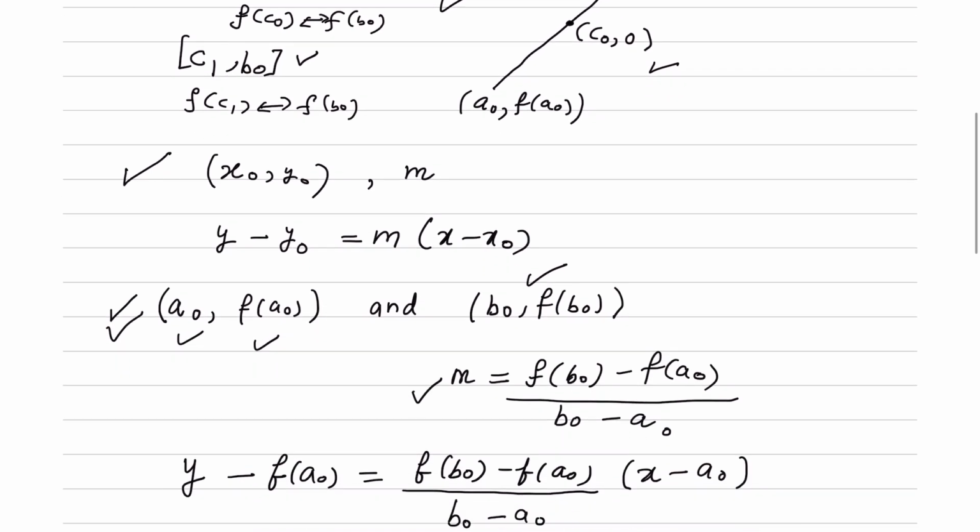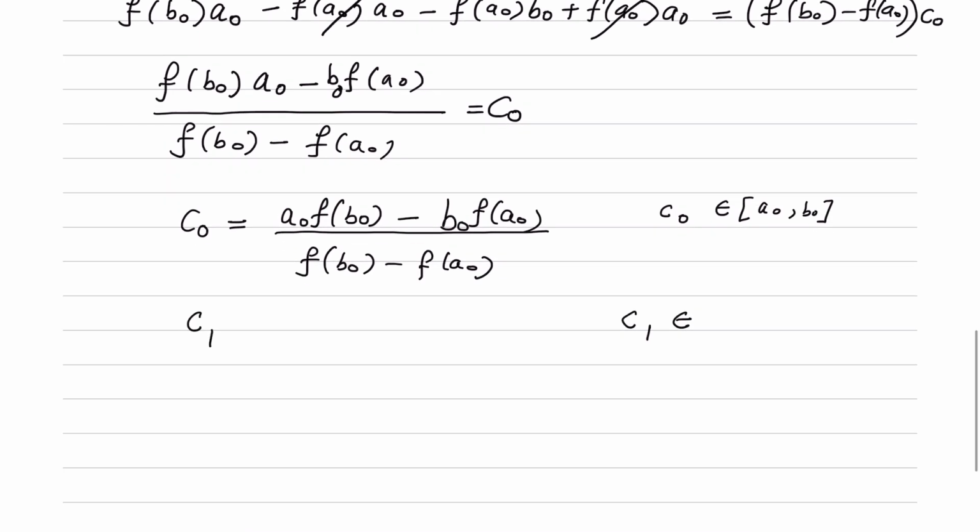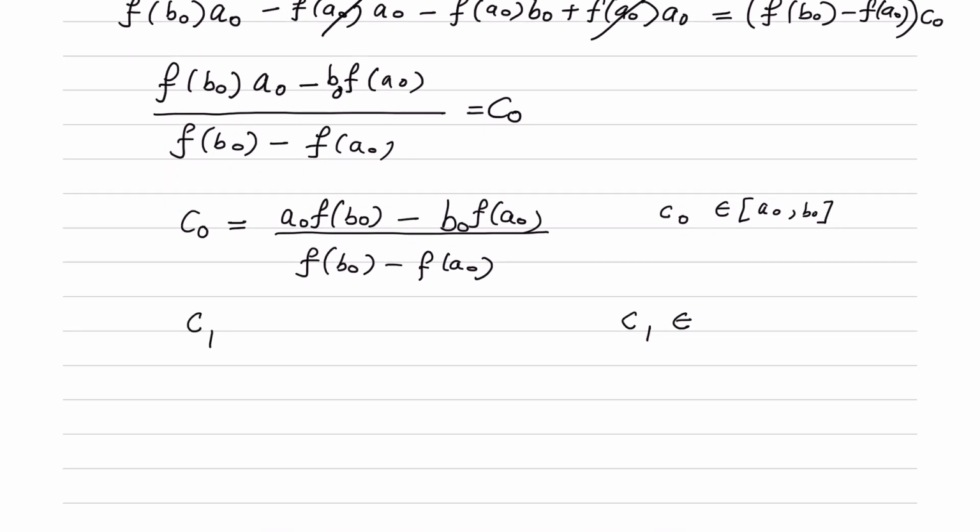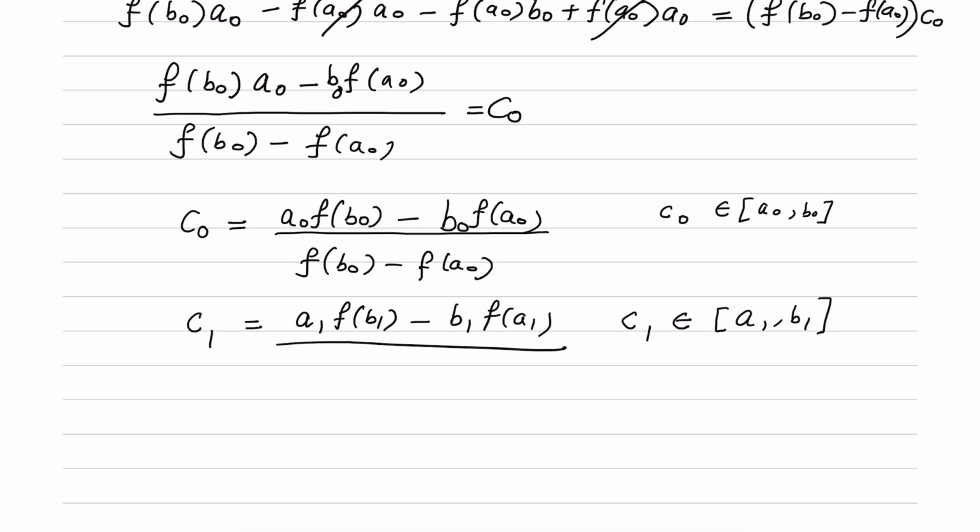So instead of calling it c0, b0, we call it a1, b1, and the next false point c1 now lies in between a1, b1. This way, looking at the pattern for c0, we can write down the formula for c1, which is a1 f of b1 minus b1 f of a1, whole divided by f of b1 minus f of a1.